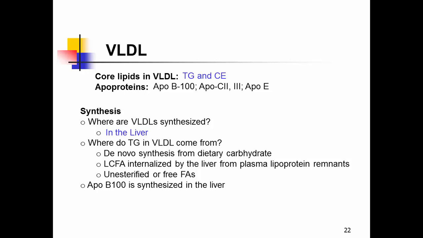Just as a reminder, is the LPL in the muscle and the adipose secreted by the cells and then it does its action outside the cell? Or does it come into the cell, so that the fatty acids can go right in? That's a great question.